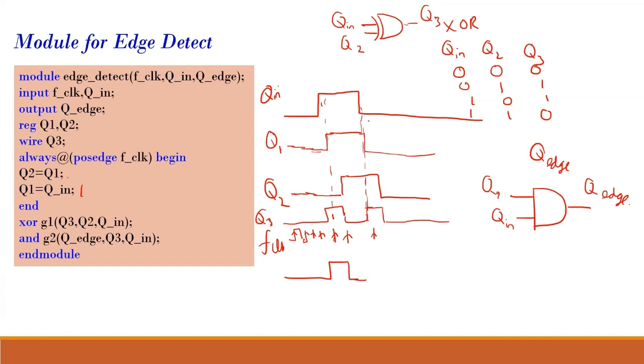In this case over here, Qn is 0 and Q3 is 1, so Q edge will still remain 0. This is your Q edge, and this is how you generate the edge signal. Effectively, when your Qn goes high, you generate a Q edge signal.